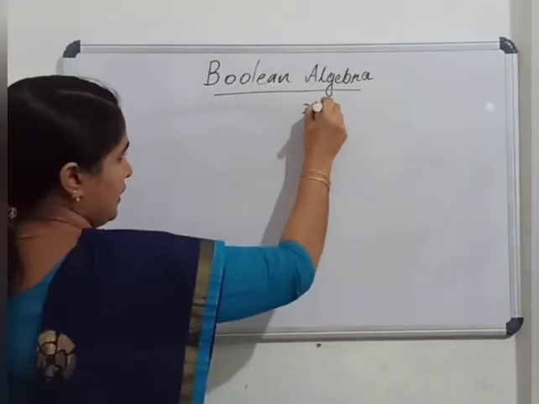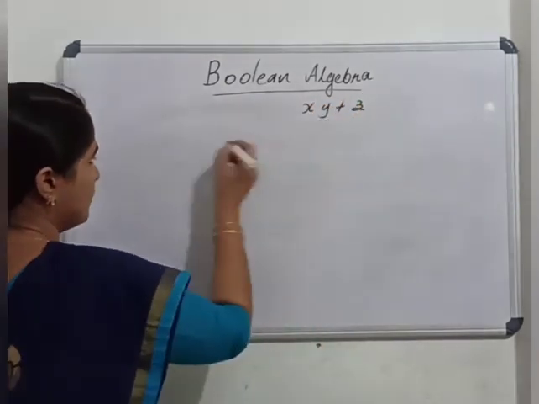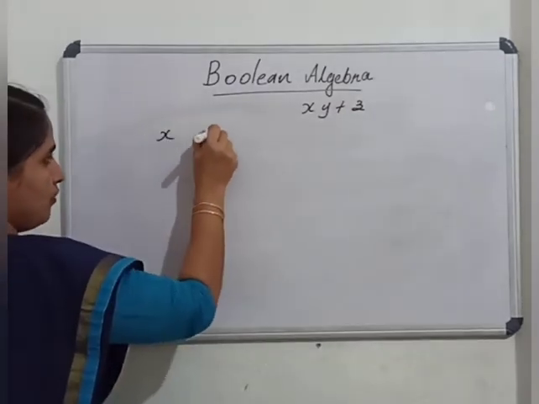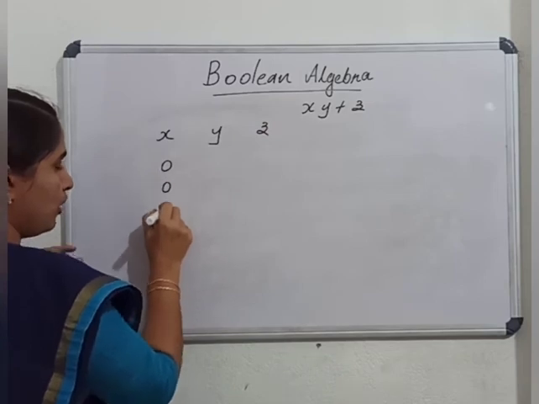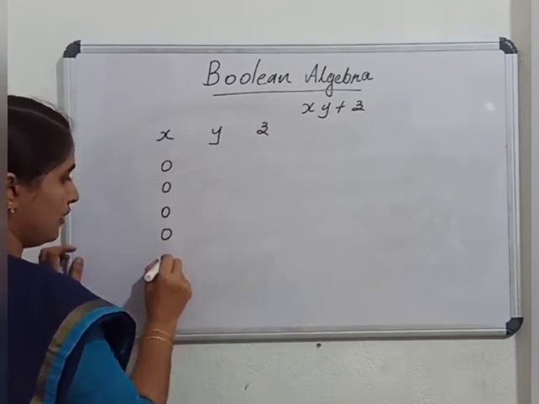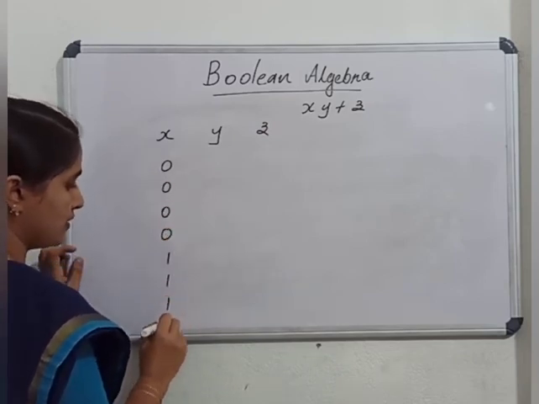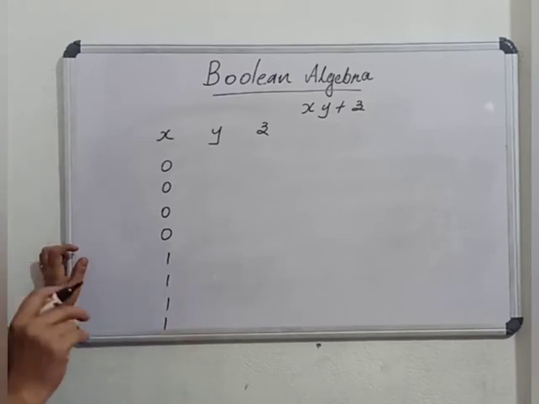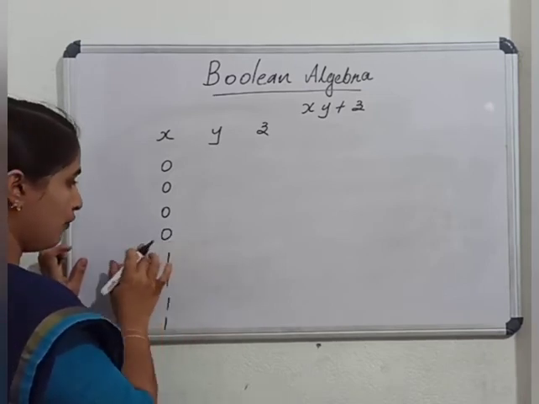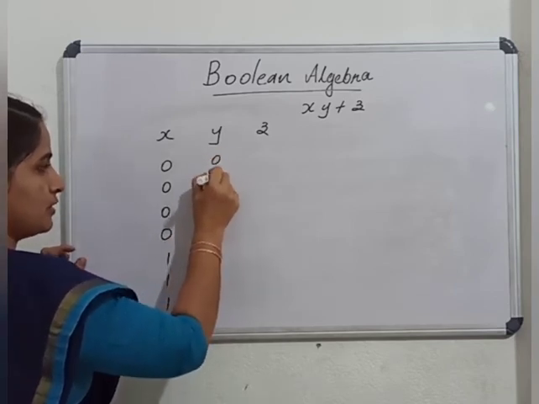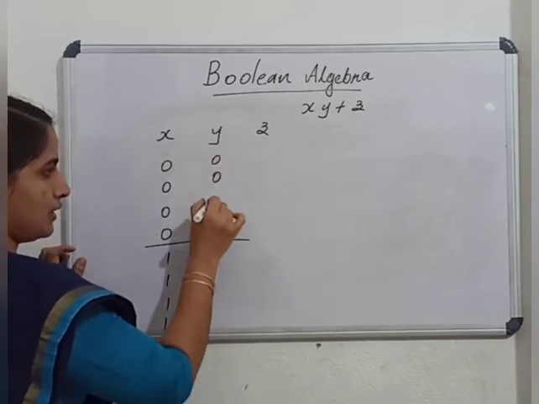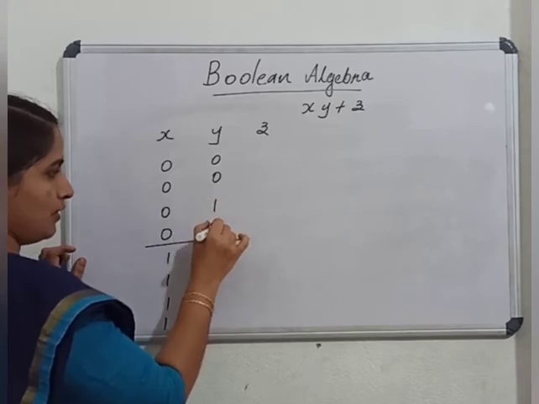The question is x, y, z. For x, we have four 0s, then four 1s. That is the first column. For the second column, take half of the zeros: make 2 zeros, and the rest as 1.